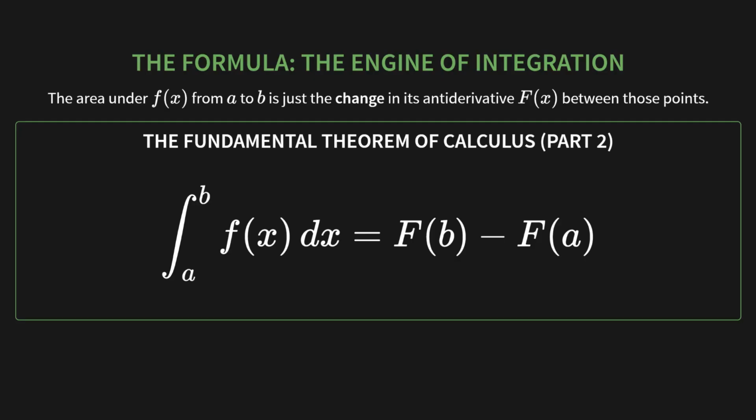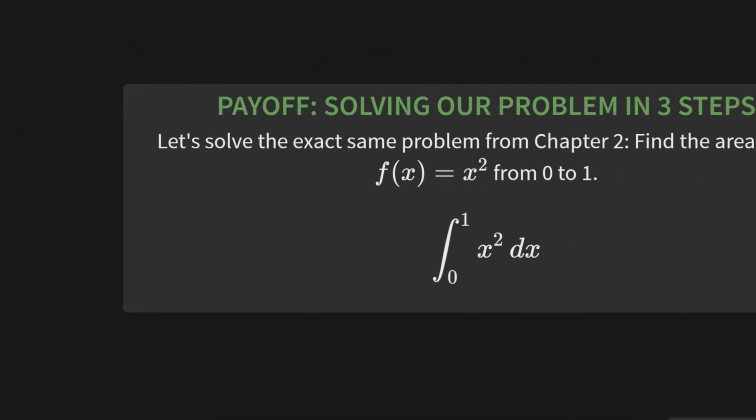This is part 2 of the fundamental theorem of calculus. As you can see in this formula, the integral from a to b of f of x dx equals capital F of b minus capital F of a. This turns a brutal infinite sum problem into simple arithmetic.